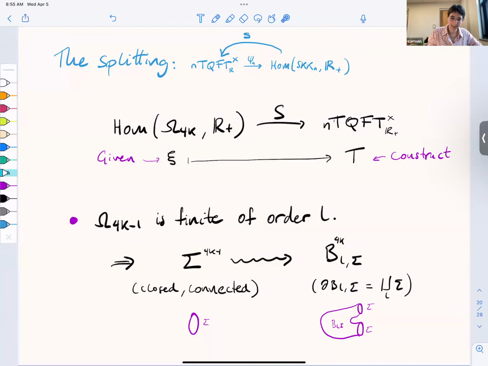Or it could be that it's not a generator, but what I'm going to say actually works. If you take such a manifold and you know that your group has order L, then if you take L copies of this manifold, suppose L is 2 in this picture, you are going to be able to find some cobordism here that makes that disjoint union of copies of your sigma into a boundary, because the group is finite.